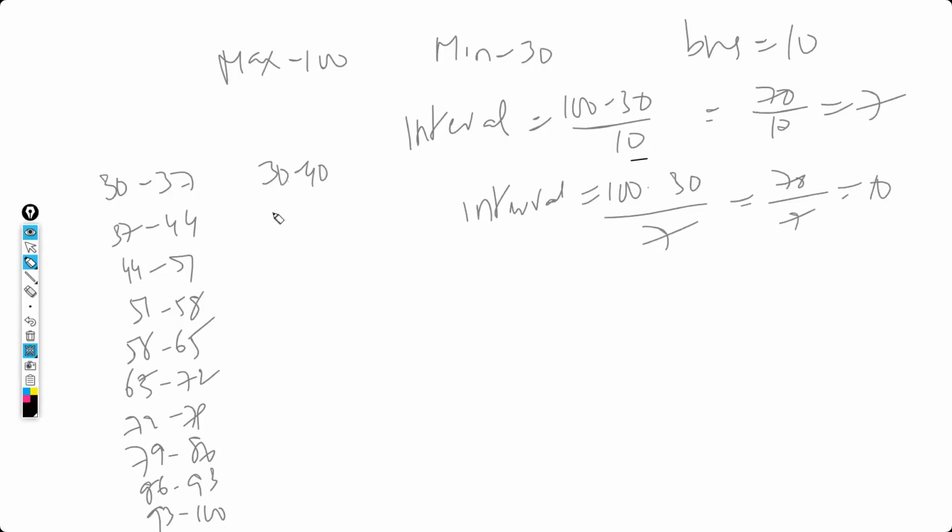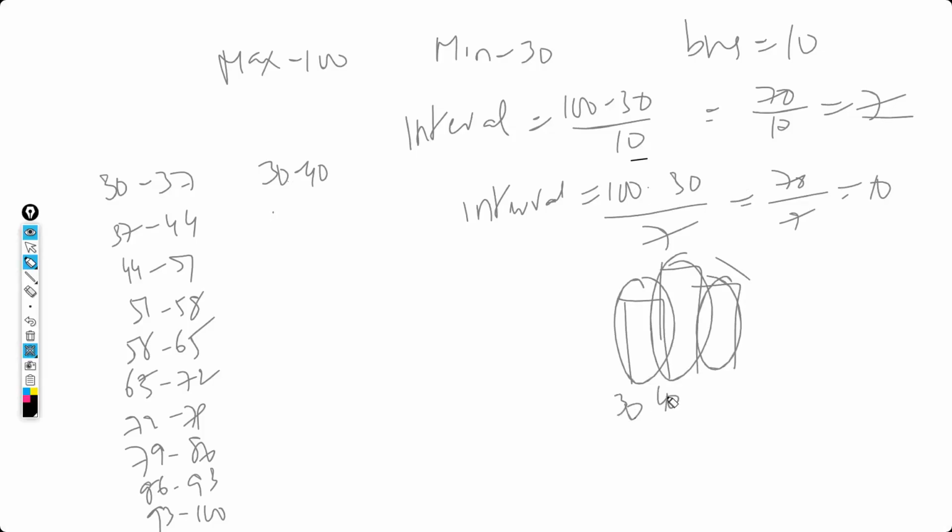Bins will be how many? 7 bins will be there. What is meant by bin? One bar. How many bars are there? This one bar is called one bin. If you write 7, it will take 30 to 40 as 1 bin. If you write 10, it will take 30 to 37. Is the point clear, guys?